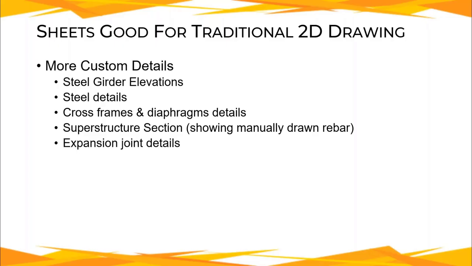Expansion joint details would be another one where you're not really modeling the expansion joint. If it's something complex like a finger joint or a modular joint, you're most likely not going to be going through the effort of modeling those unless there's some worry about the interface between components that you want to make sure there are no clashes of. A lot of times there can be some issues with modular joints in the decks.